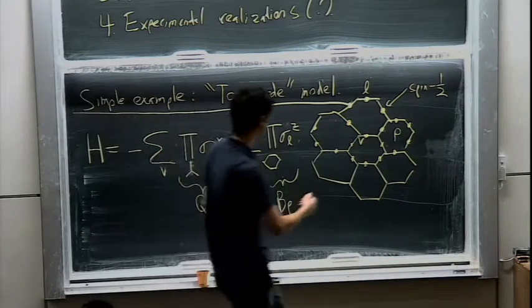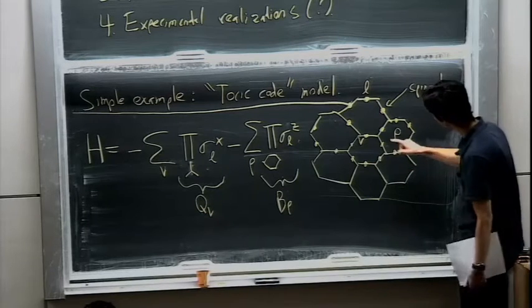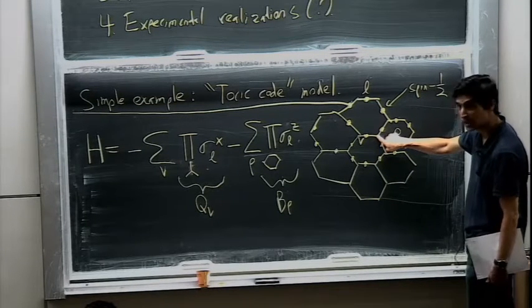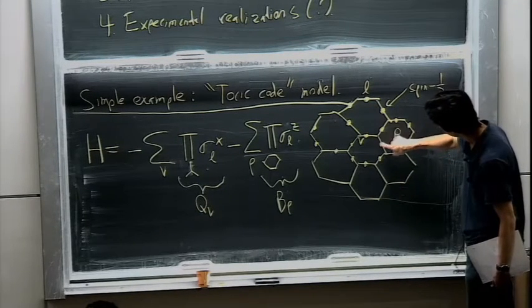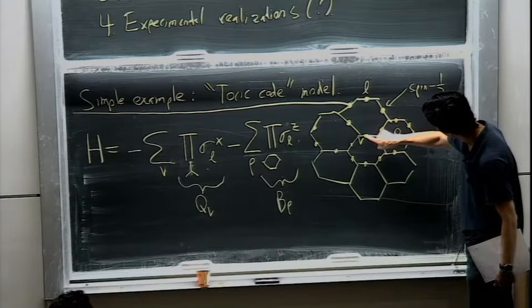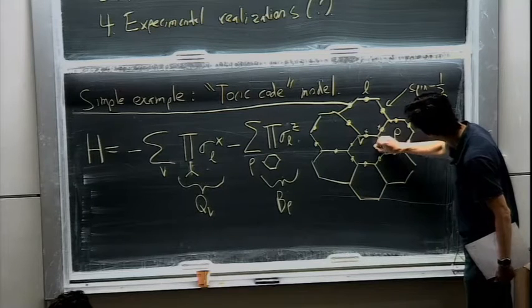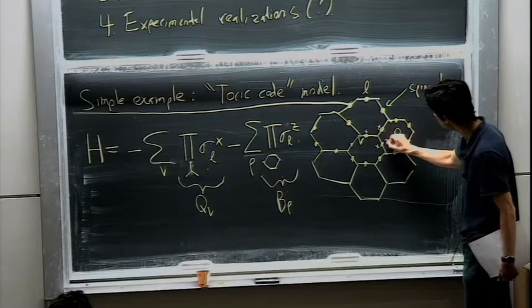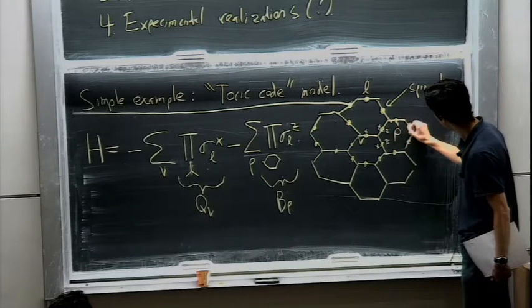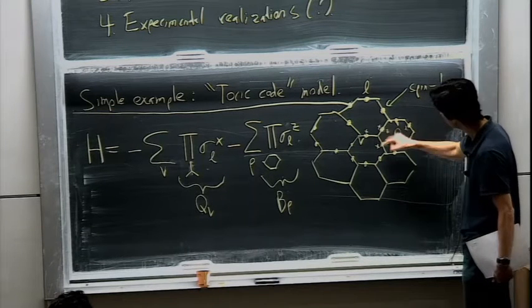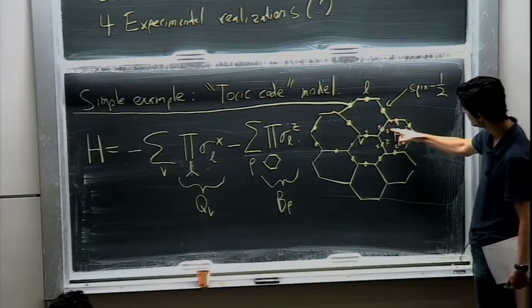And if they're close, well, sort of the worst case scenario is your vertex is like right next to the plaquette. And then they overlap at these 2 spins. So the QV term involves 3 sigma x's. And then the BP term involves 6 sigma z's. And they do overlap, so you might worry that they're not going to commute. But of course, x and z anti-commute.